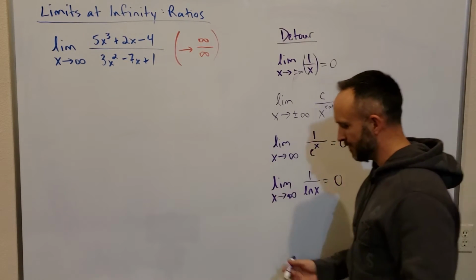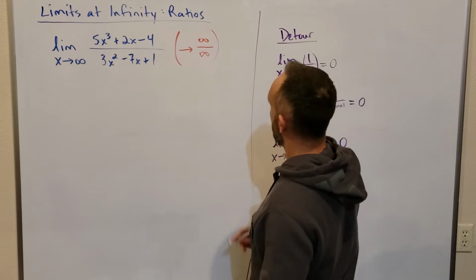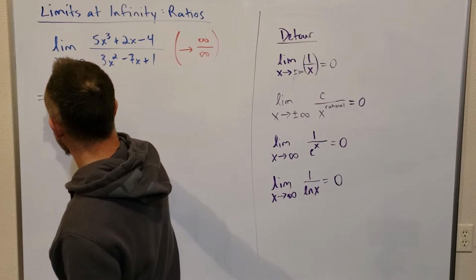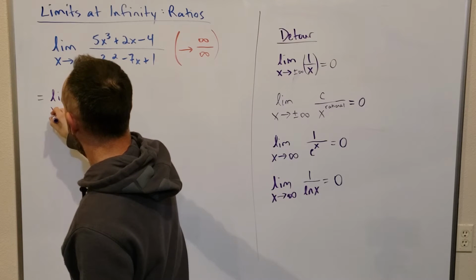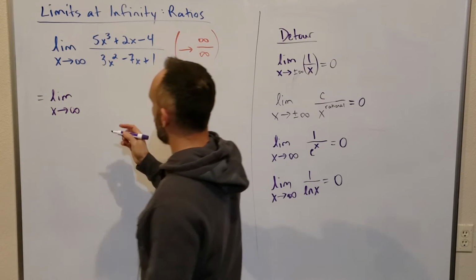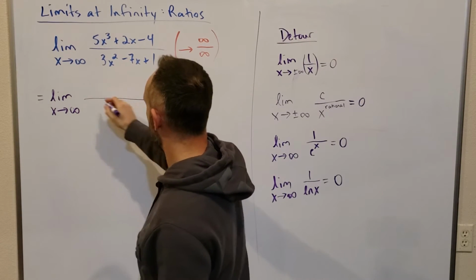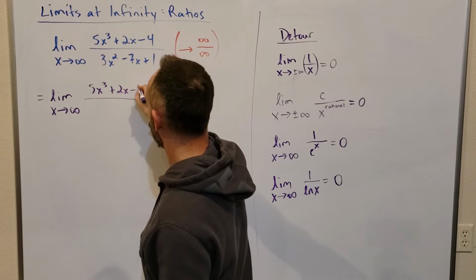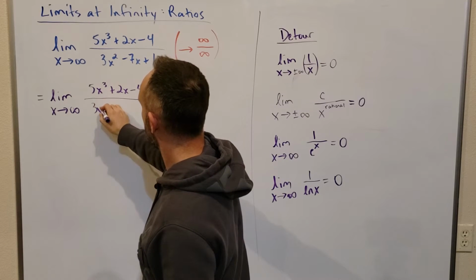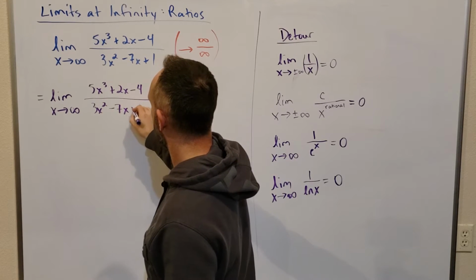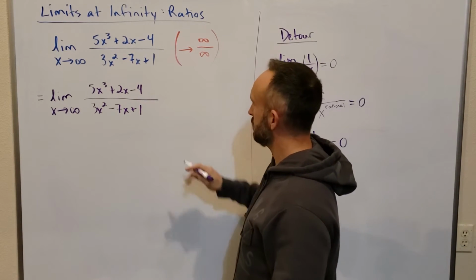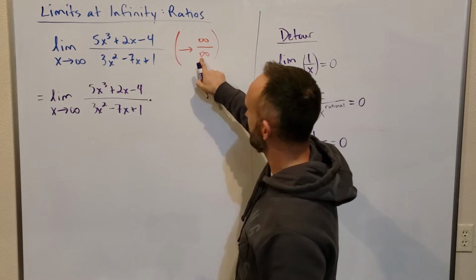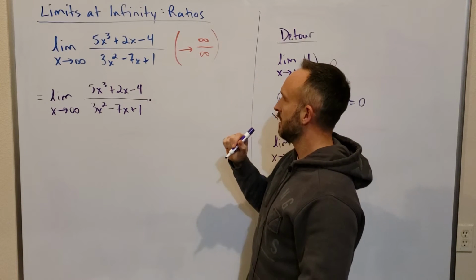So what we're going to do is, we've reached the end of our detour. Let's come back on track. What we're going to do is take this ratio and multiply by something that's going to fix this indeterminate problem.